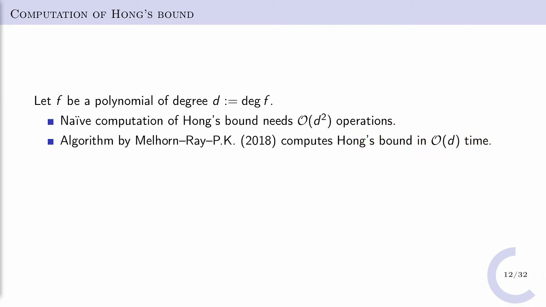So these bounds look expensive, because it looks like they need quadratic time, but in fact Hong's bound can be computed in linear time. However, as I said, this is a quite new result. The first version of this algorithm was published a few years earlier, but it had a serious error, and the correct algorithm was published only 2 years ago.